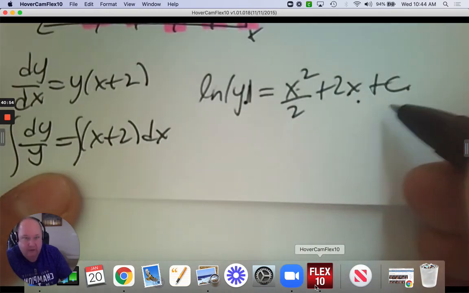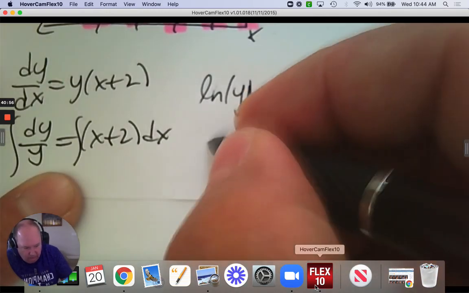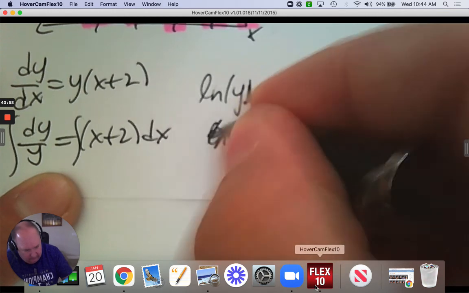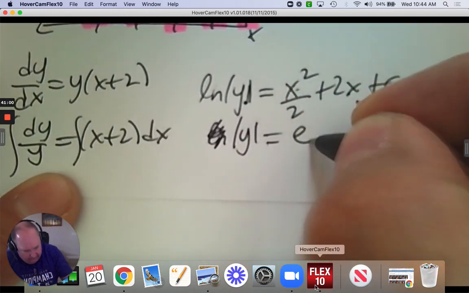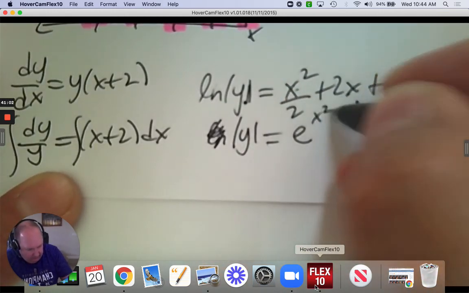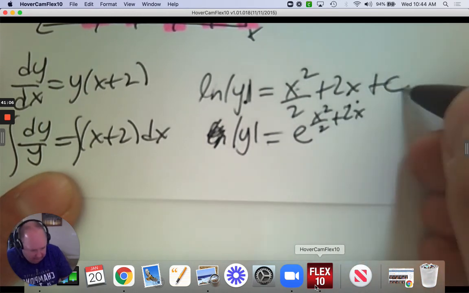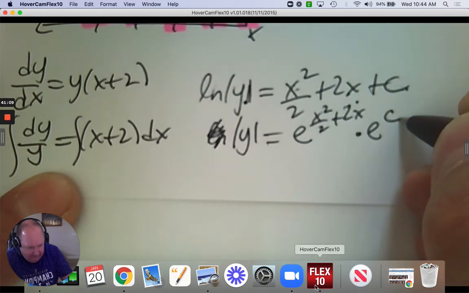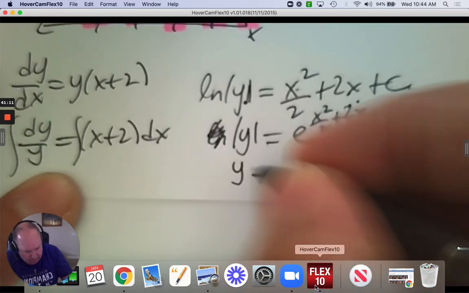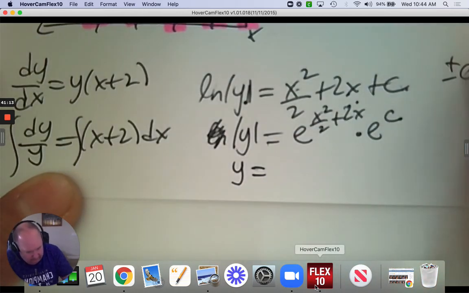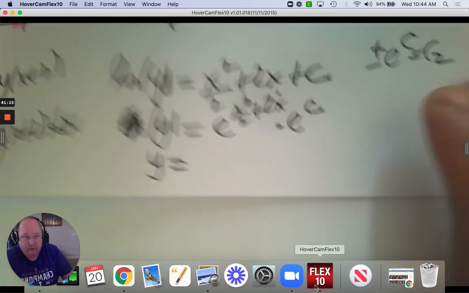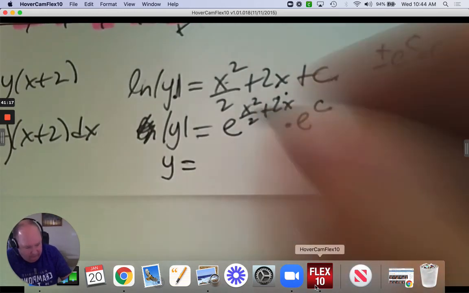Let me just change this just a little bit. So I'm going to write this as y by itself, e to the x squared over 2 plus 2x. That's all in the exponent. Plus c, we know to write that as times e to the c. And then to remove the bars, we're going to rename the constant. So plus or minus e to the c will be c2.